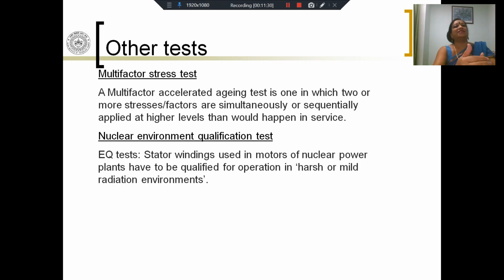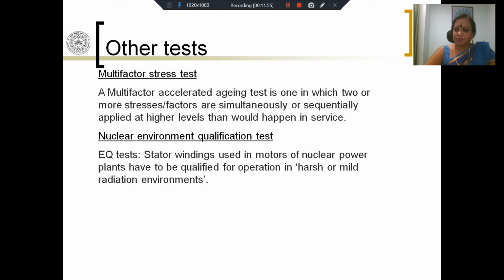One stress aids the other, that stress then drives the other, and they kind of aid each other in driving the material to failure. A multi-factor accelerated aging test is one in which 2 or more stress factors are simultaneously or sequentially applied at higher levels than would happen in service. Accelerated tests are always at higher levels, and you sequentially might apply different kinds of stresses.